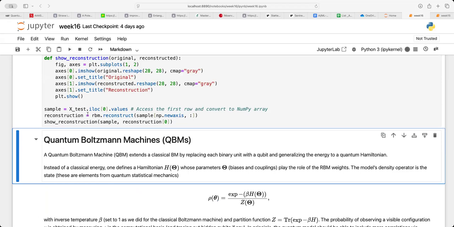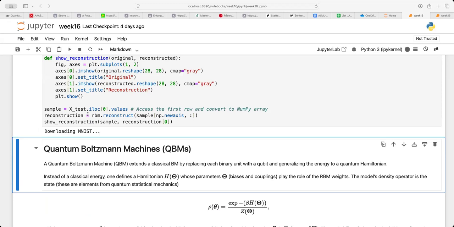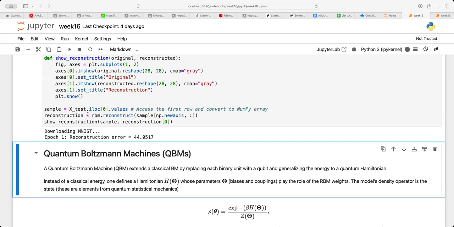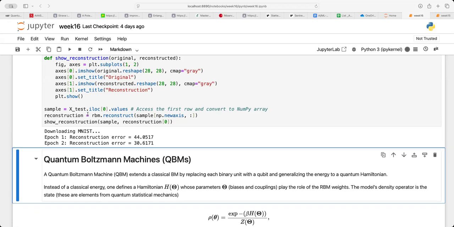It's actually going to be a little bit slow here. But now it's downloading the MNIST data. But you can see an example on the kind of training which is being done and how well it reproduces. So this MNIST data is a set of handwritten numbers from 0 to 9. So it's 10 classes.